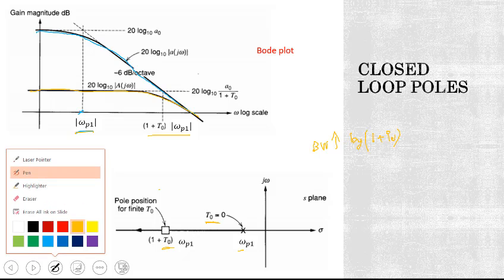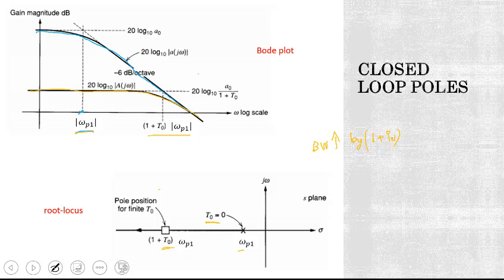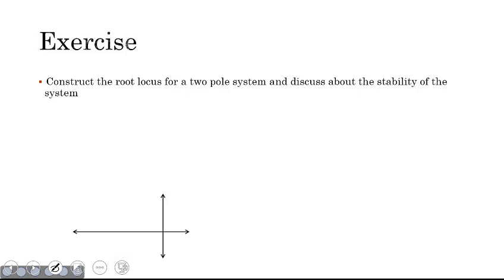And the gain, what we compensated on the other end, is that the closed loop system gain has reduced by the same factor of 1 plus T0. These are at DC. So now let us move on to the next one.